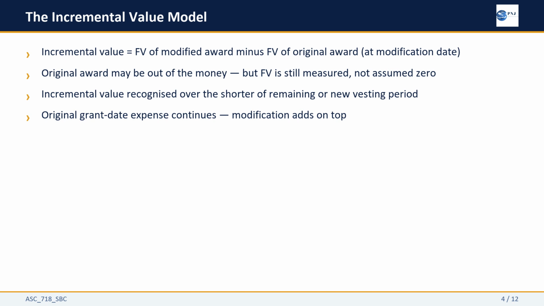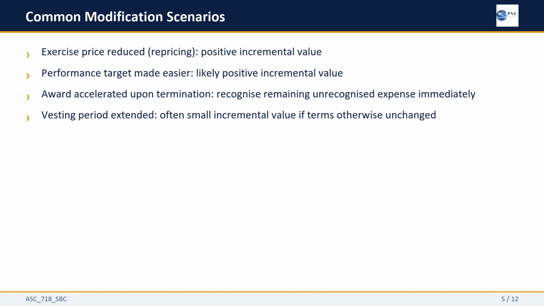from the modification. Repricing is the most common and most analyzed modification. A company whose stock has fallen below the exercise price of outstanding options often wants to reprice to restore the incentive value. The incremental value is the difference between the fair value of the lower strike option and the fair value of the higher strike option on the repricing date.